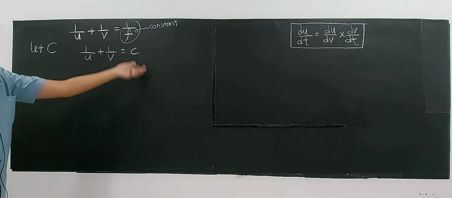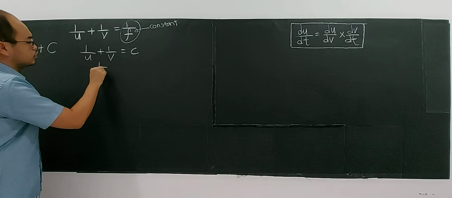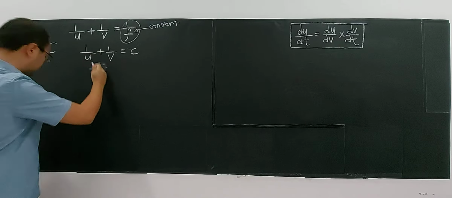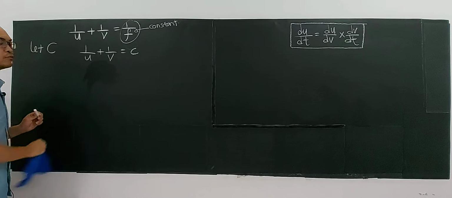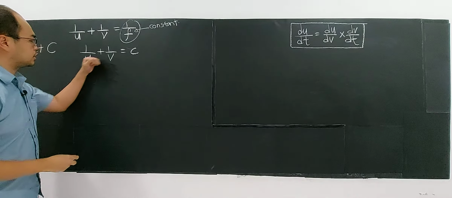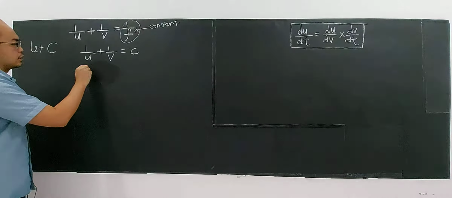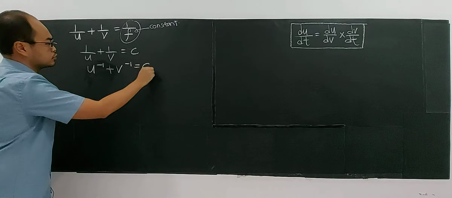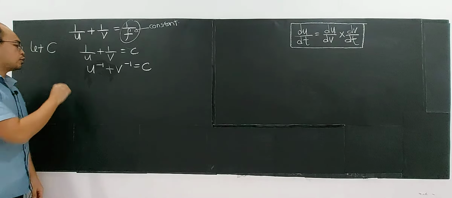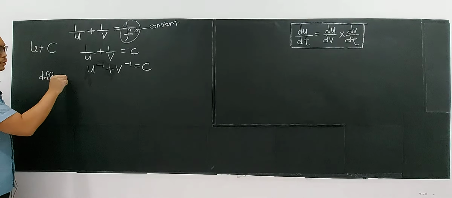If you differentiate it, you get 0. Now I can differentiate it implicitly, using the concept of implicit differentiation that you already learned. So you have u to the power of -1 plus v to the power of -1 equals c. Now I'm going to differentiate u with respect to v.